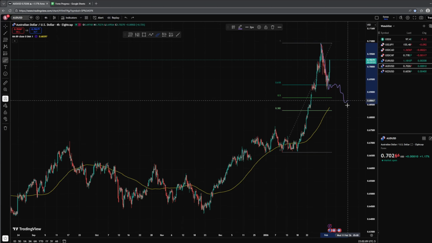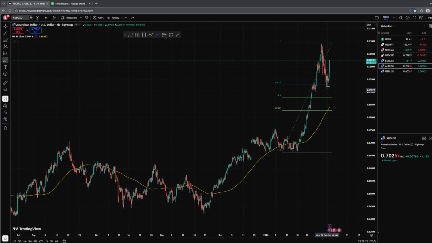Until that, we're going to wait. So the market has retraced into the 40% zone here, then seems to be bouncing back, and there is a high likelihood that the market once again retraces into the 50 to 60% zone here. Until that, we're going to wait.